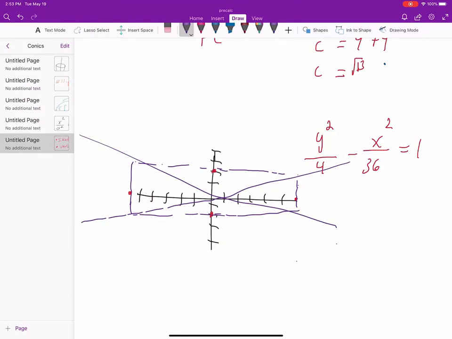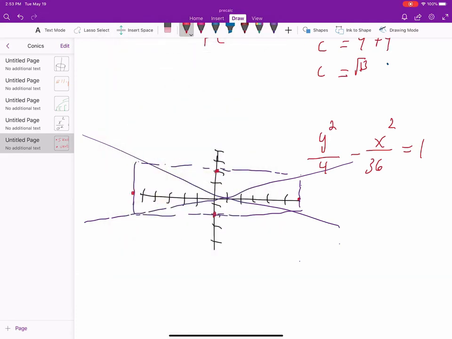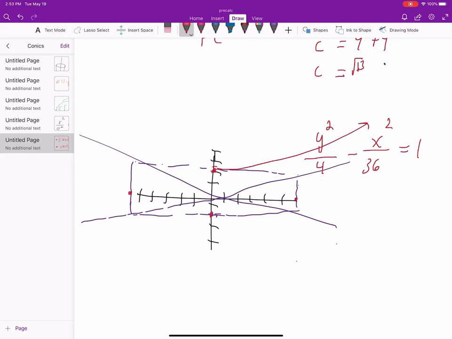Now we're ready. Remember, y comes first. So in this case, since y is first, our vertex is here. So let's draw that. We're going to go like this, and like this, and like this.